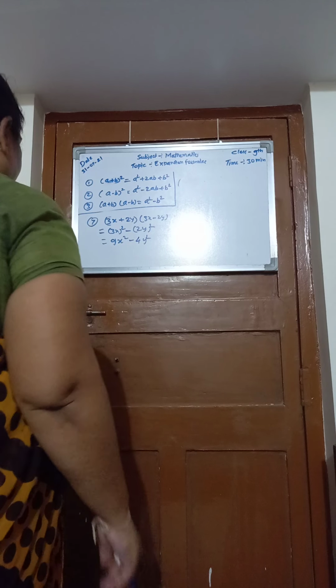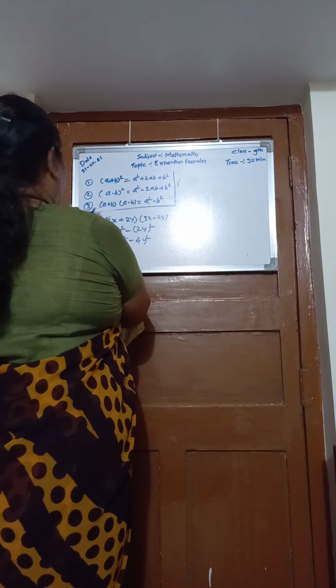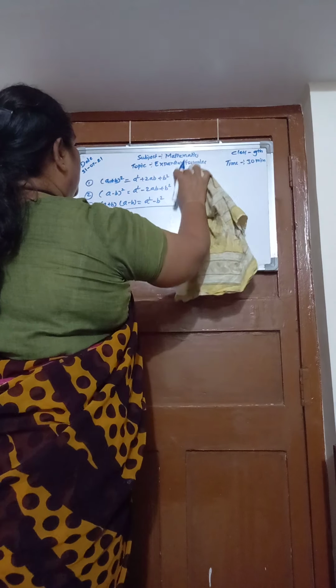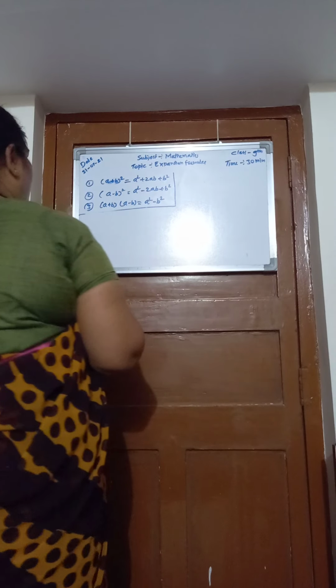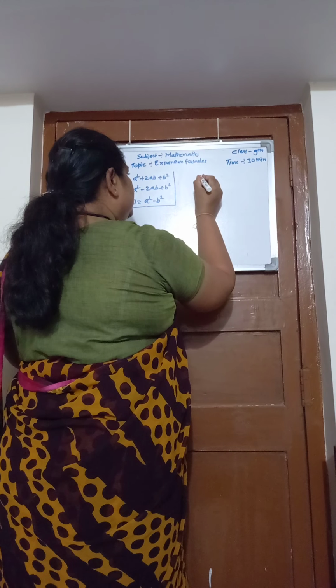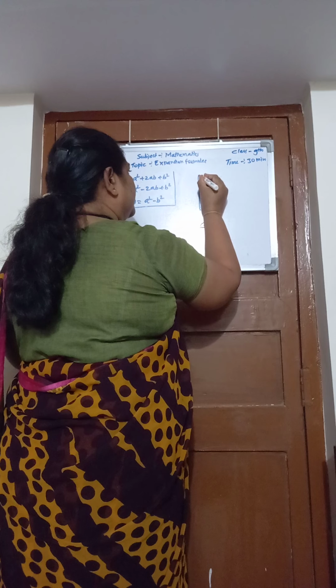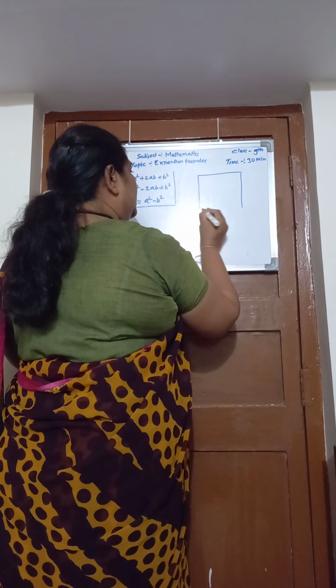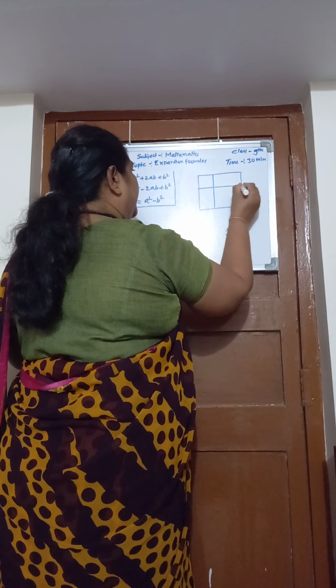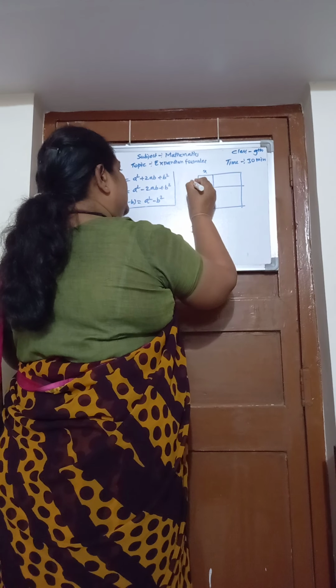Okay, then we have to prove this formula. How to prove it? Take a square, this side is x, this side is x.